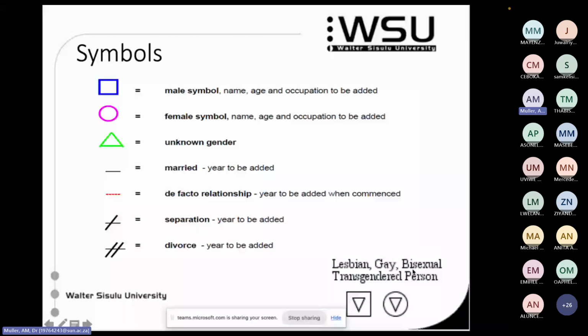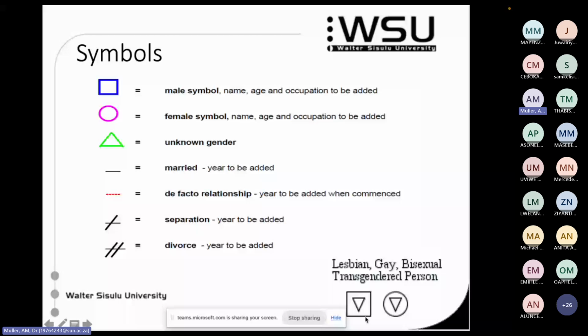There's lots of varieties of how you can denote if somebody's lesbian, gay, bisexual, or transgender. You can definitely make them up as you go along. Quite a good way to do transgender, for example, if they are a trans man, so they identify as male, then you would use the male symbol because that is the gender that they are. But they were assigned female at birth, so you can, for example, put a circle in the middle. What I would recommend in any of those kinds of cases, just denote what you mean.